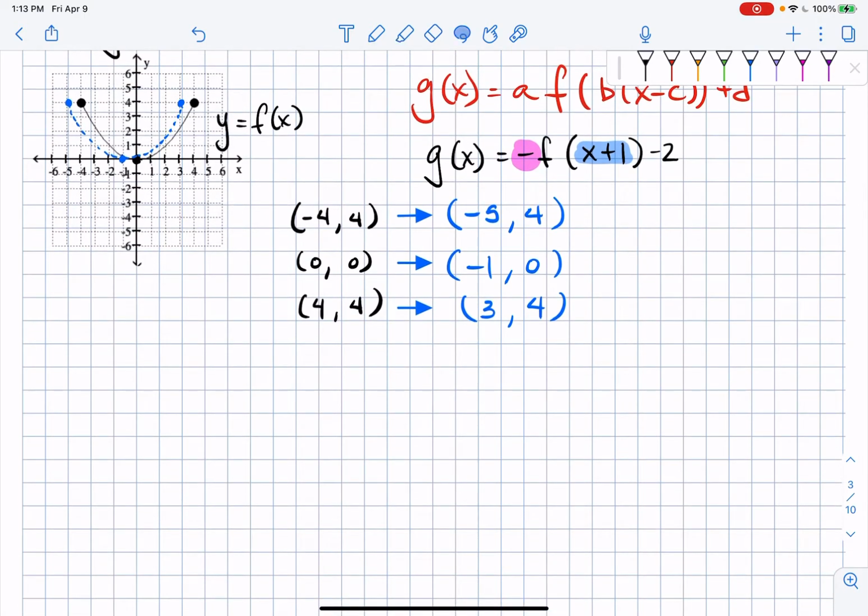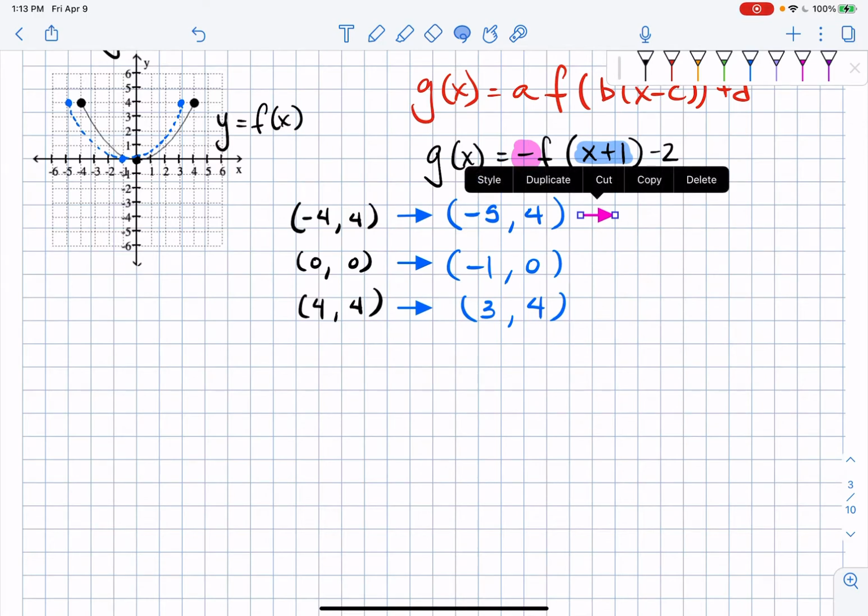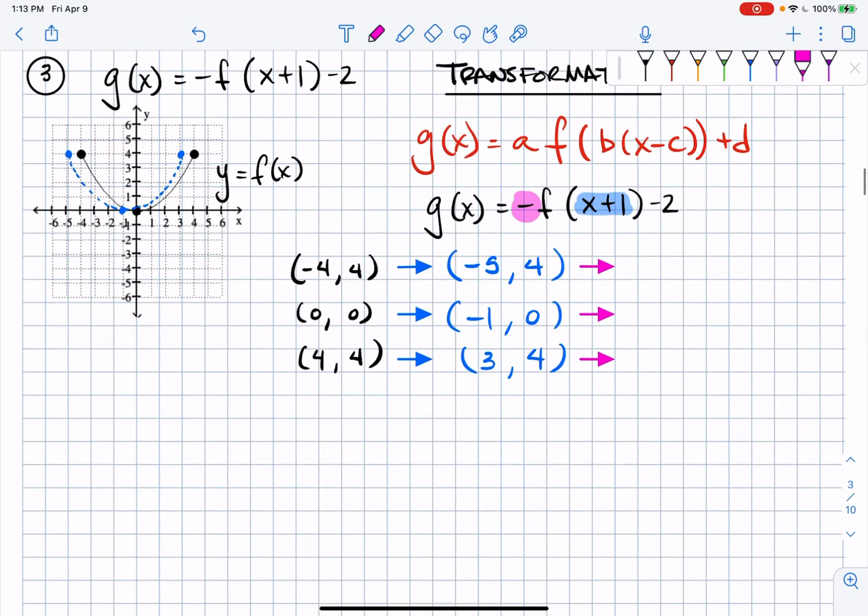So let me do it this way. Let's duplicate, put it over here, change the style. Excellent. Now I can duplicate and bring it down. Okay, so what is that negative going to do? Is that affecting the x or the y? Well, it's in front of the f of x, in front of the f. So that means it's going to affect the y value.